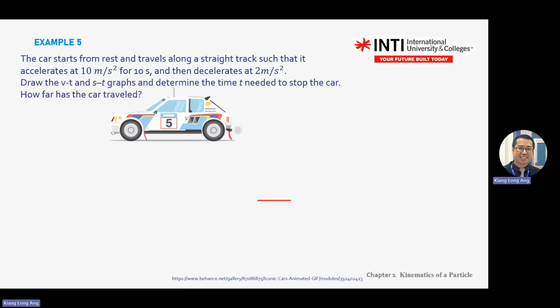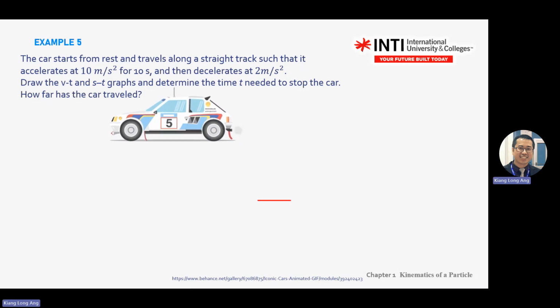The first information is start from rest, so v = 0, meaning v0 = 0. Then it accelerates a = 10 meters per second squared for 10 seconds, so from 0 to 10. At 10, you have one mark for a. It means you can plot the a-t graph and v-t graph. You have 2 pieces of information already.